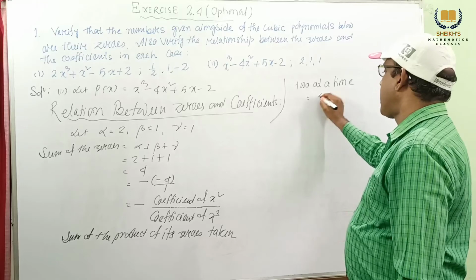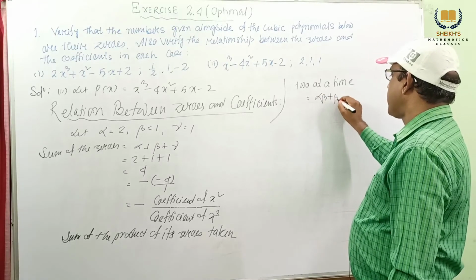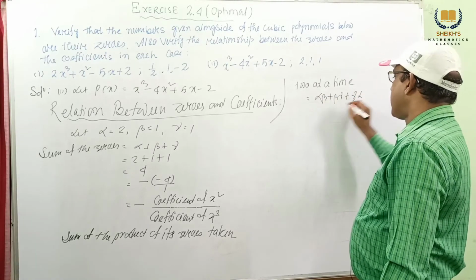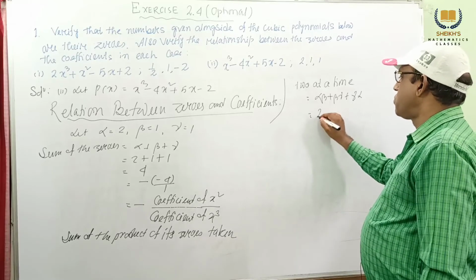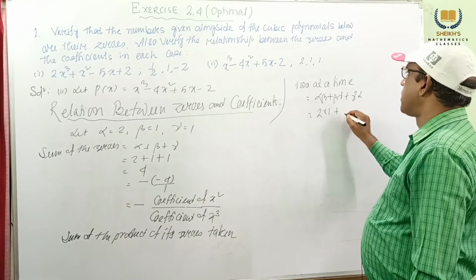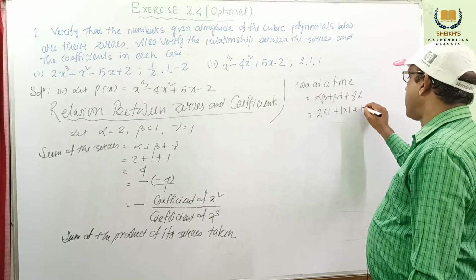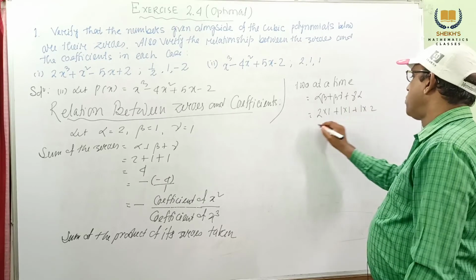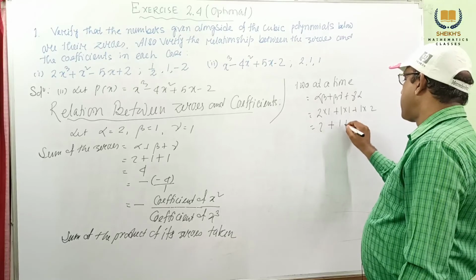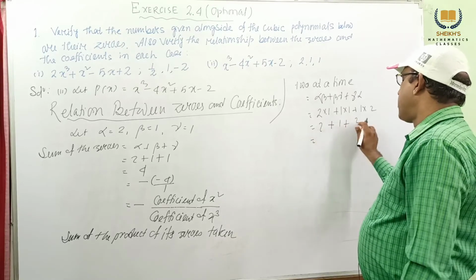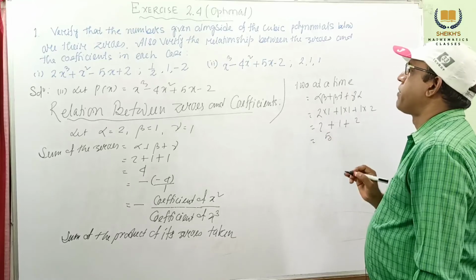So this will be alpha beta, beta gamma, gamma alpha. Alpha means 2, beta means 1. And this is beta 1, gamma 1. Gamma 1, alpha 2. This is 2 plus 1 plus 2, that is 5.